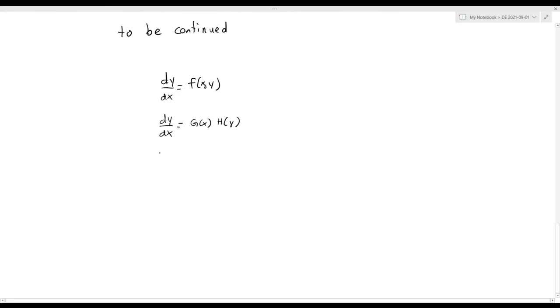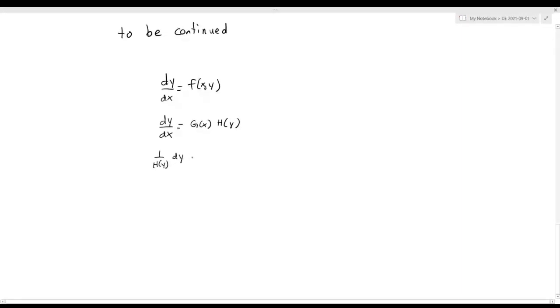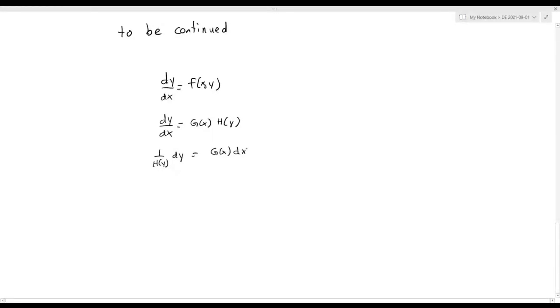You can have all the y business on the left and all the x business on the right. And once you have these two differentials which are equal, if you take the antiderivative of both sides, the results will be equal up to a constant of integration. These are indefinite integrals, so it's implied that there's a constant of integration, but I'll write it explicitly so we don't forget.